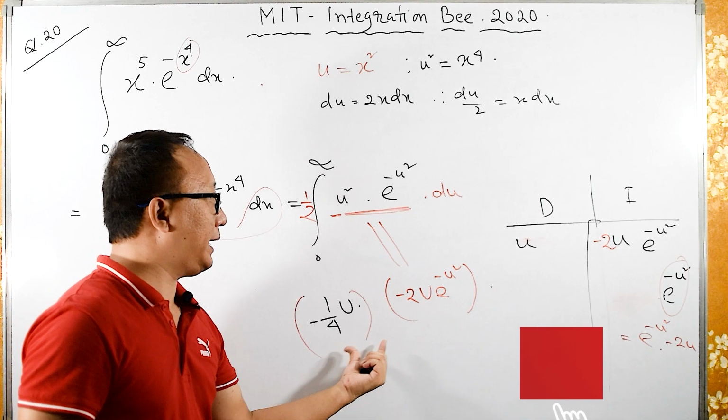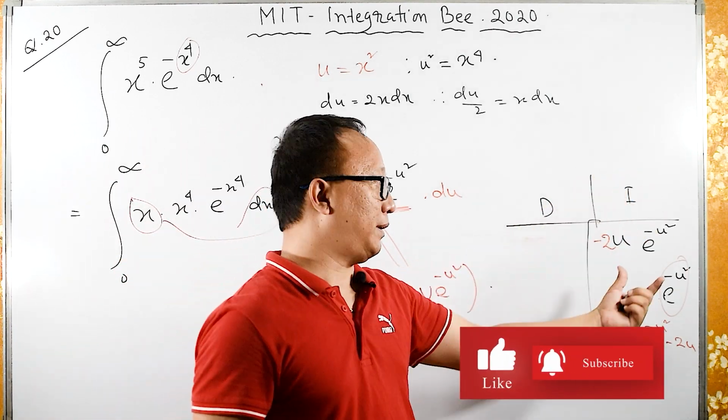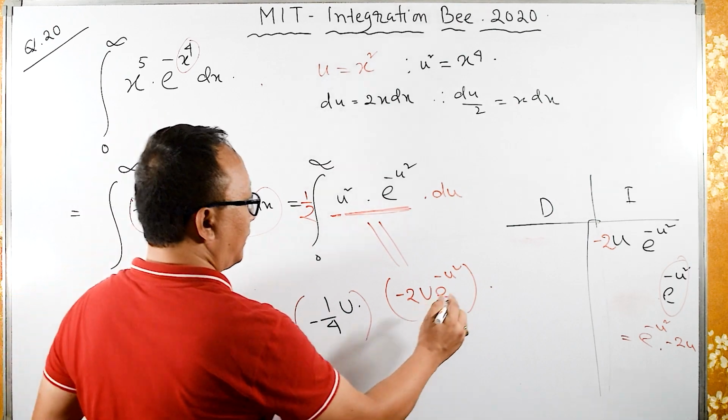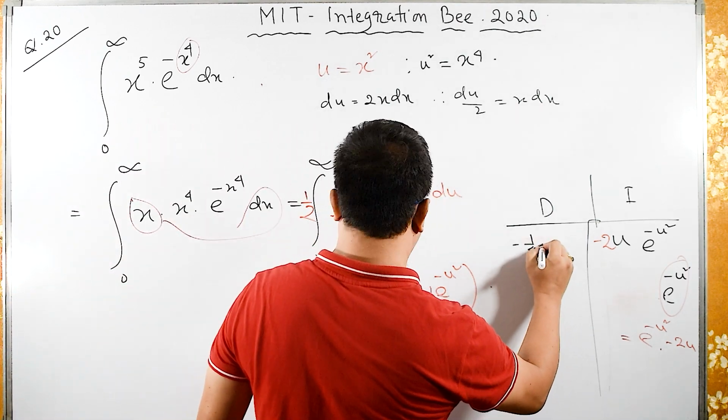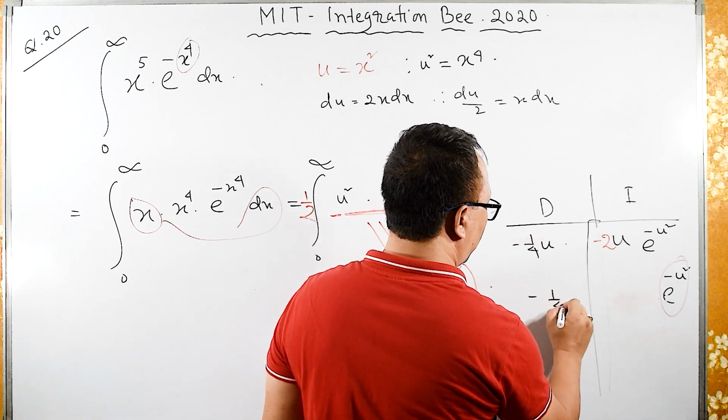So this part I can write in the differentiation part, and this part I can write in the integration part. So this I can write minus 1 by 4 u. Differentiation of this is minus 1 by 4.